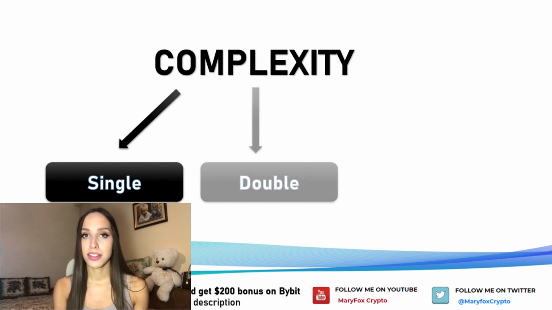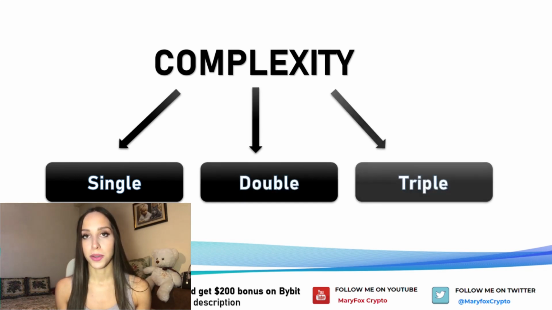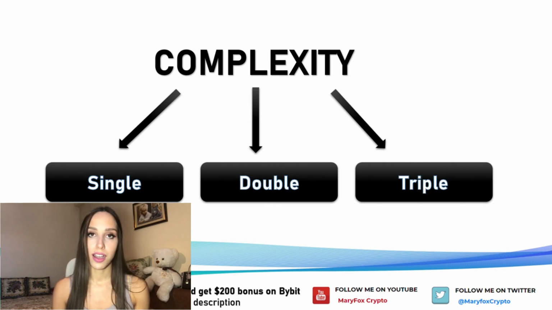There are also double candlestick patterns and triple candlestick patterns. So if a pattern is formed by more than one candle, we can call it a complex pattern. What is important to understand is that triple candlestick patterns will be stronger in comparison to single candlestick patterns. So you should learn single candlestick patterns first, then double, then triple patterns.